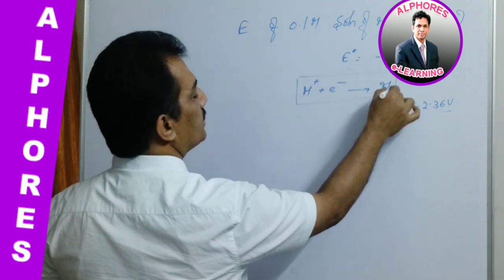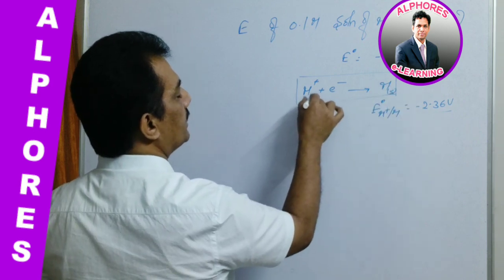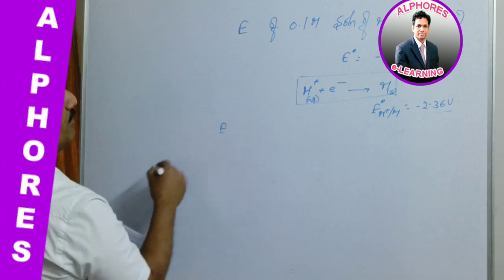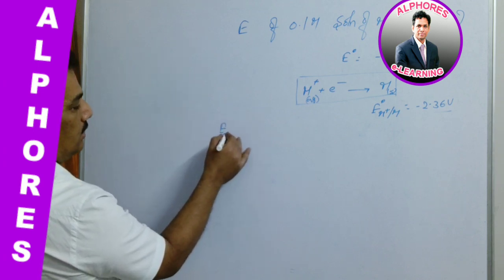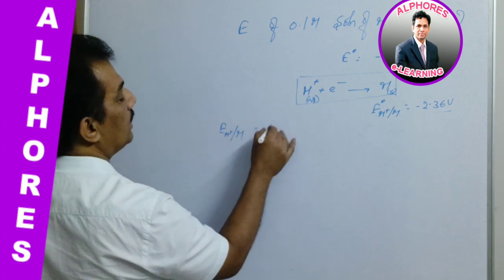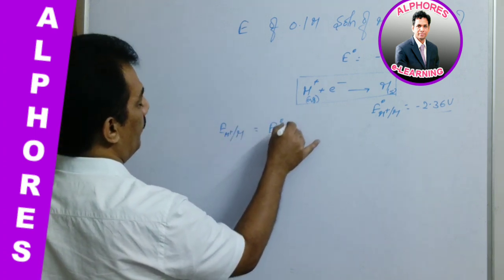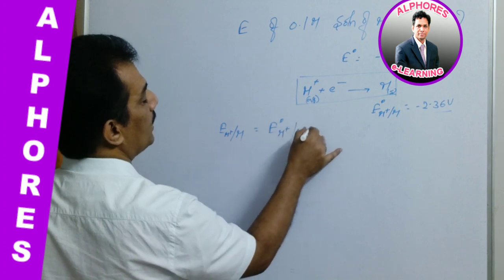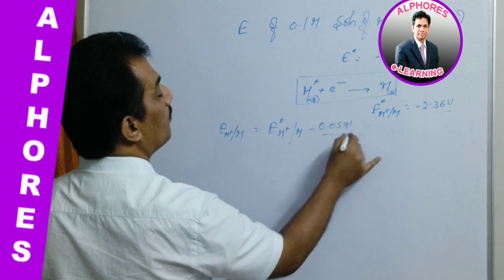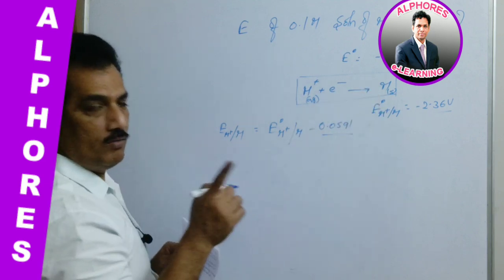This is the product and it is the reactant. And now how to measure this EMF of half electrode, that is E M plus to M is equal to E naught M plus to M minus 0.0591 by how many electrons involved? Only one electron.